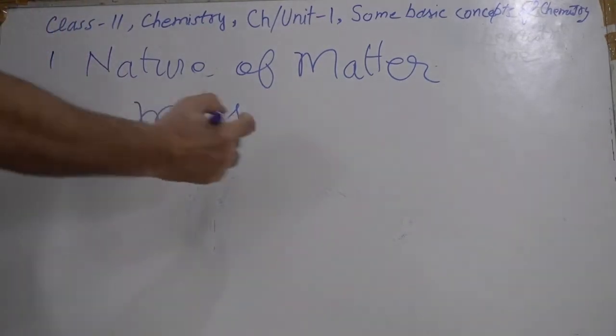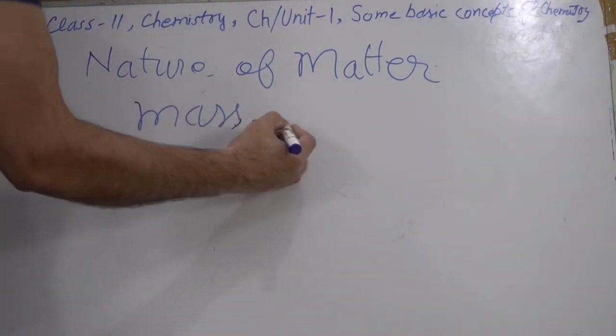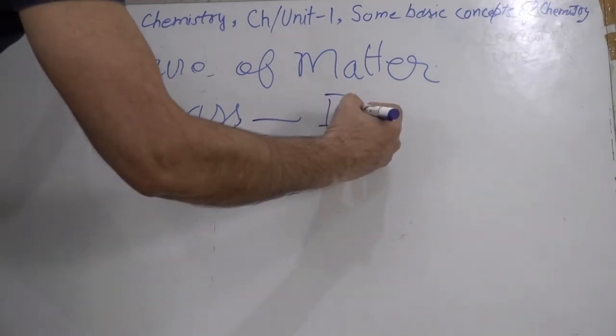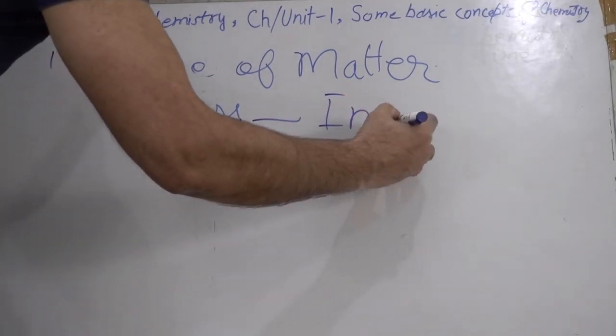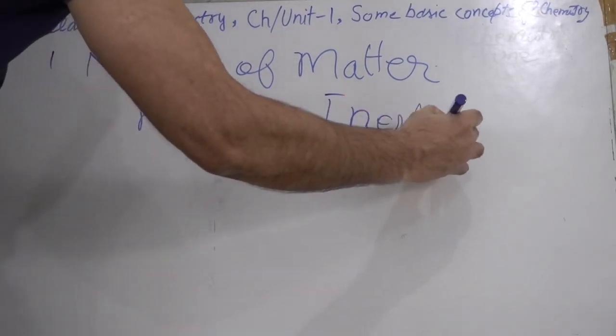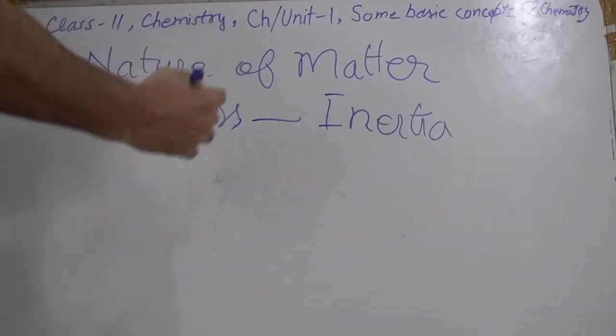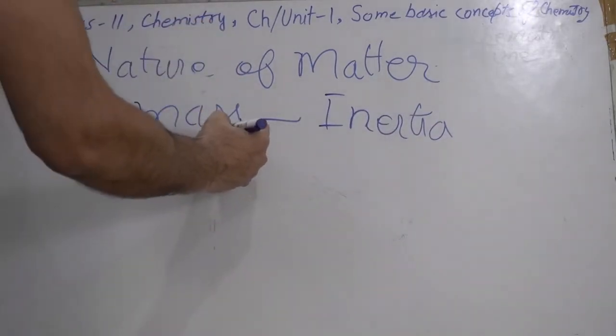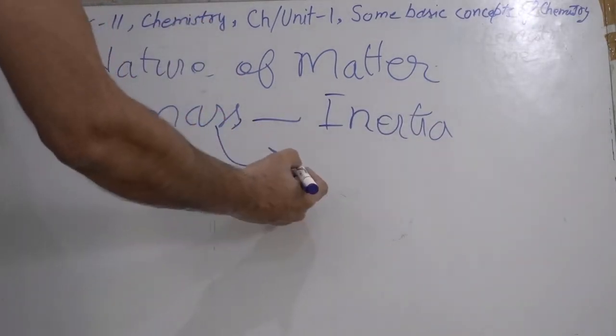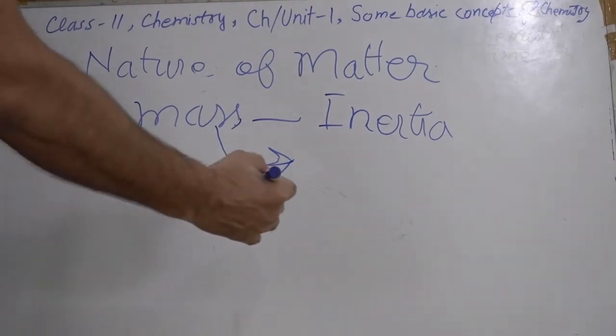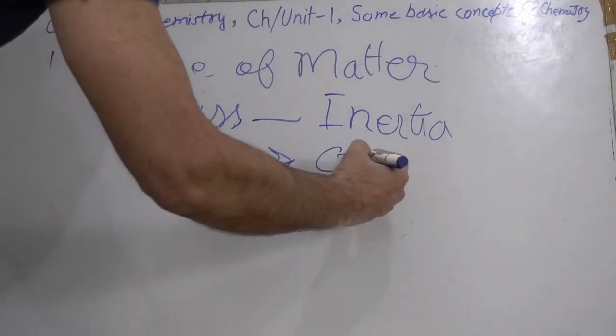Therefore, mass has inertia and mass also produces a gravitational field.